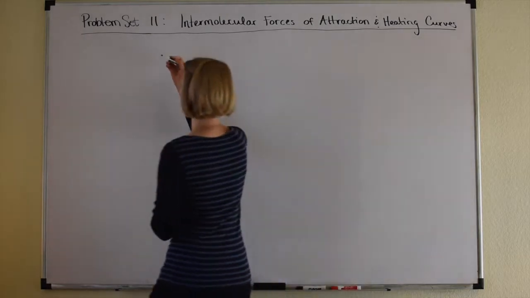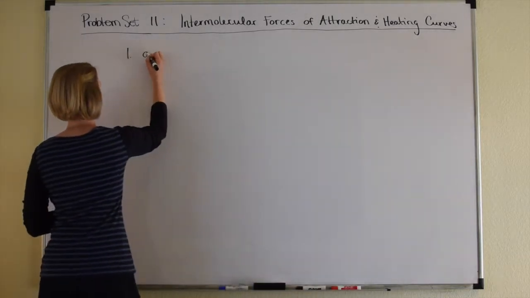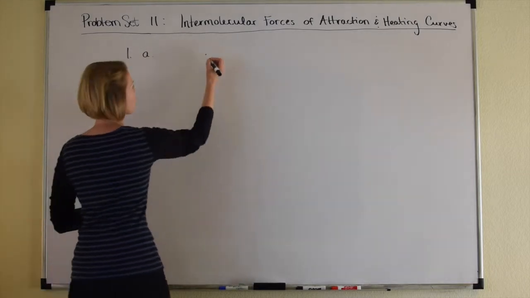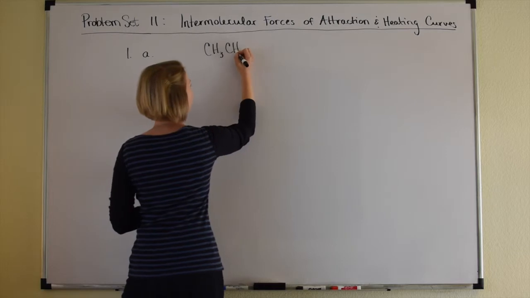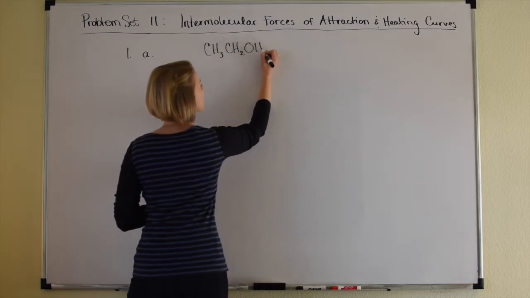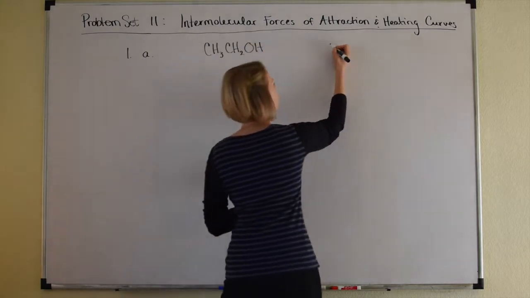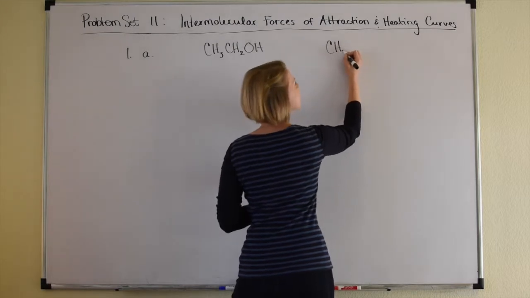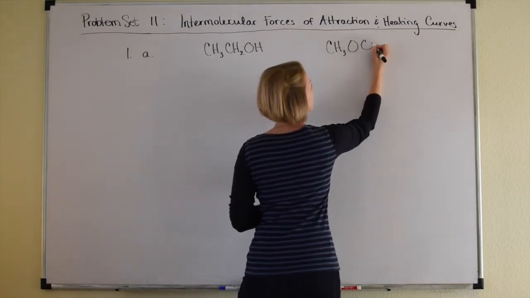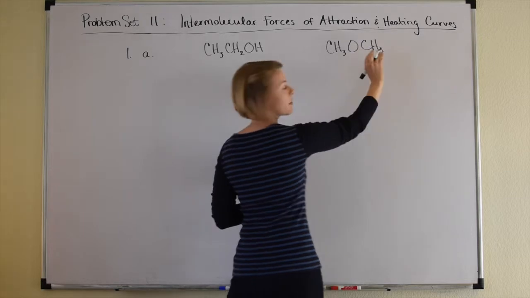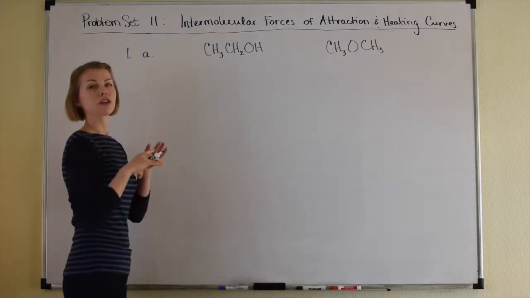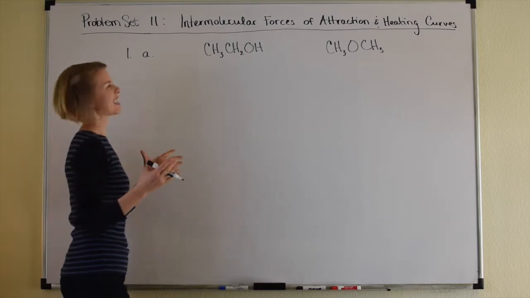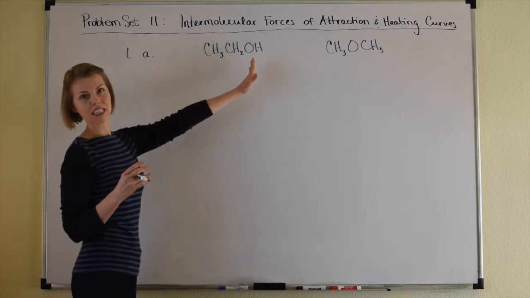Okay, so number 1A, we're going to draw a Lewis structure for ethanol, and I gave this formula already in the worksheet. I'm going to draw a Lewis structure for dimethyl ether, and I gave this formula in the worksheet as well. The good news here is that I've shown the order of connectivity in the formulas.